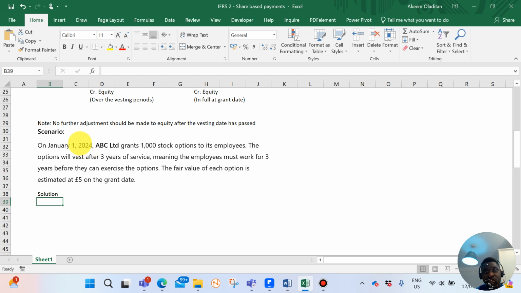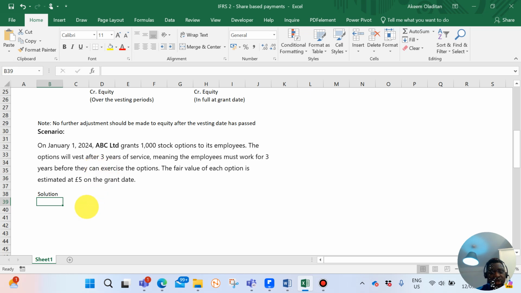Look at the date here, the date is really important. The options will vest after 3 years of service. So there's a vesting period of 3 years.